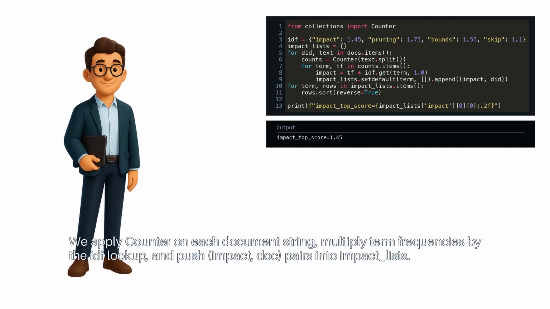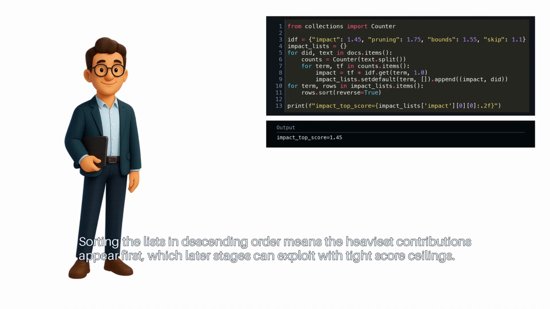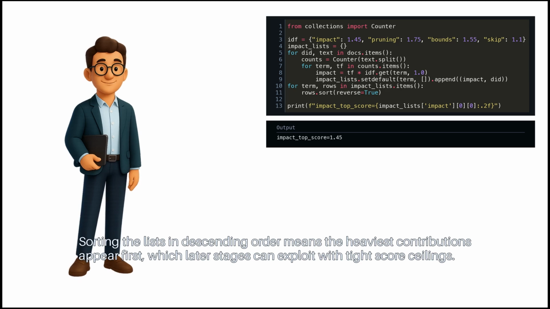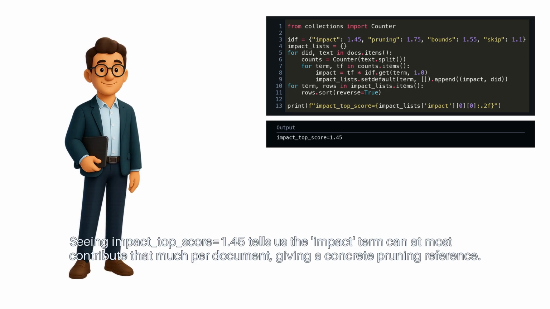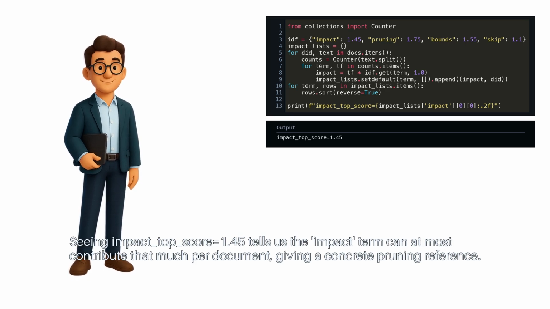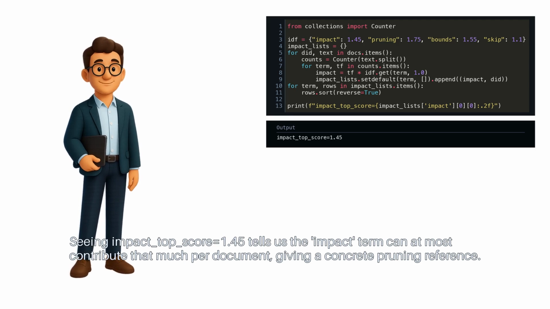We apply Counter on each document string, multiply term frequencies by the IDF lookup, and push impact-doc pairs into impact lists. Sorting the lists in descending order means the heaviest contributions appear first, which later stages can exploit with tight score ceilings. Seeing impact top score equals 1.45 tells us the impact term can at most contribute that much per document, giving a concrete pruning reference.